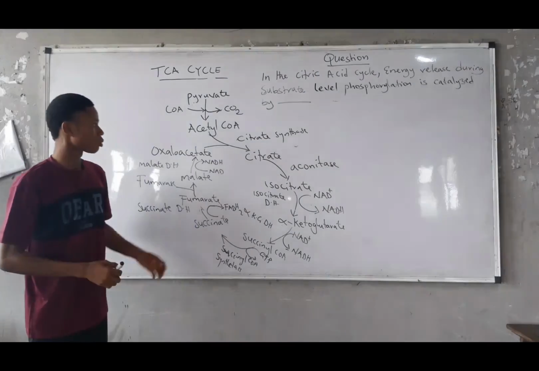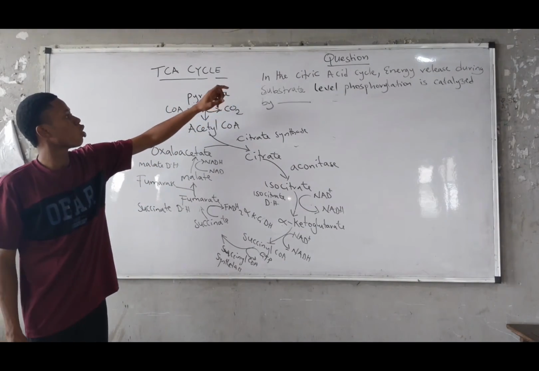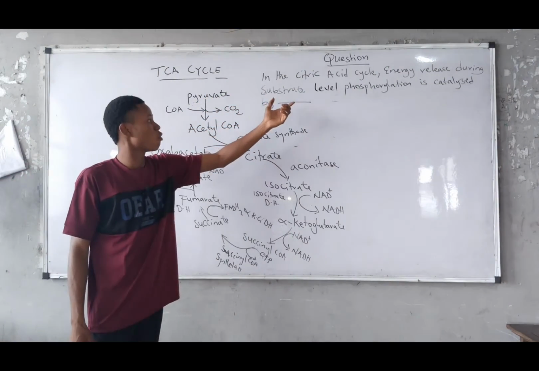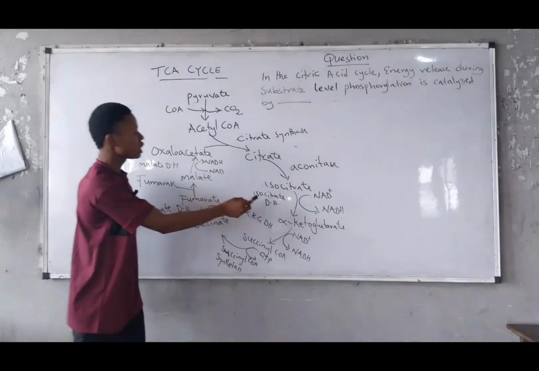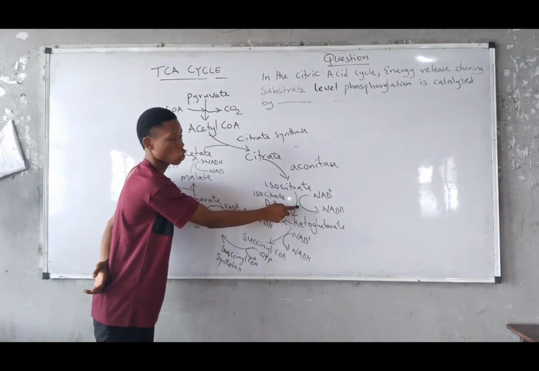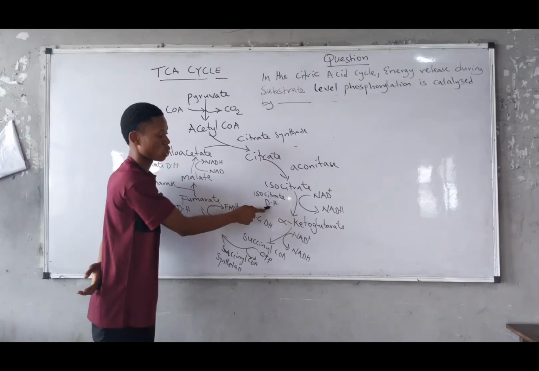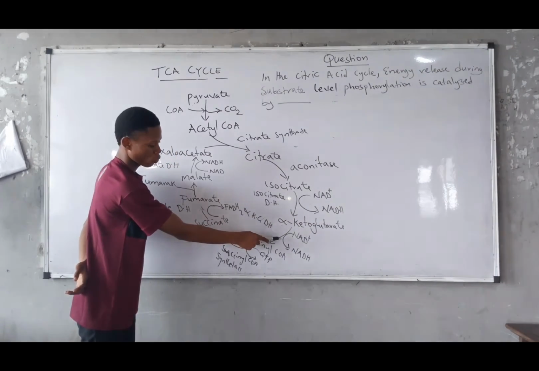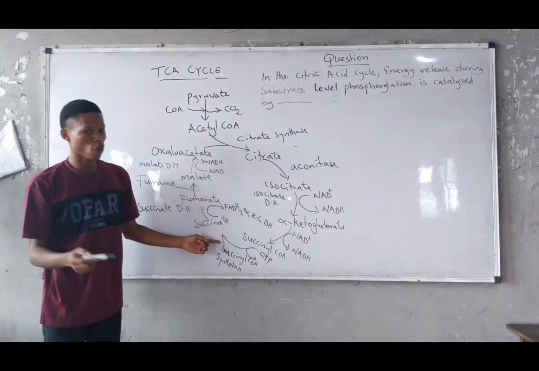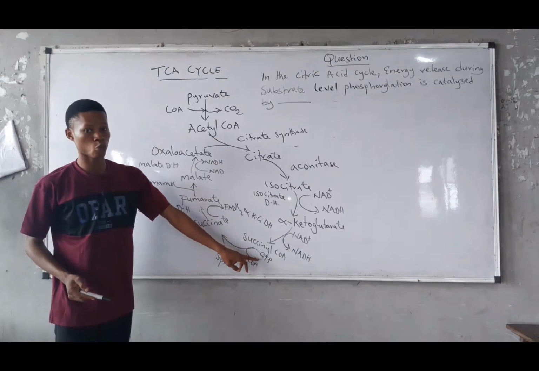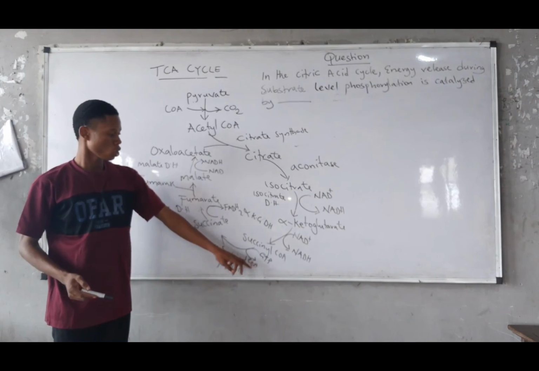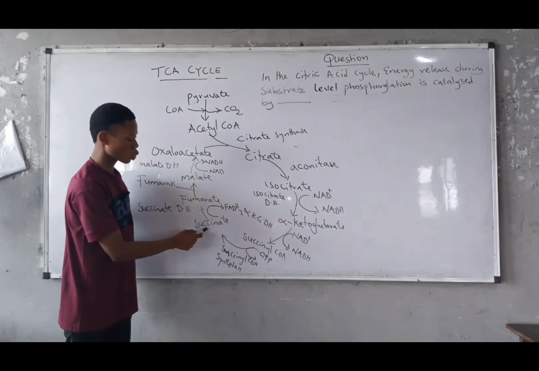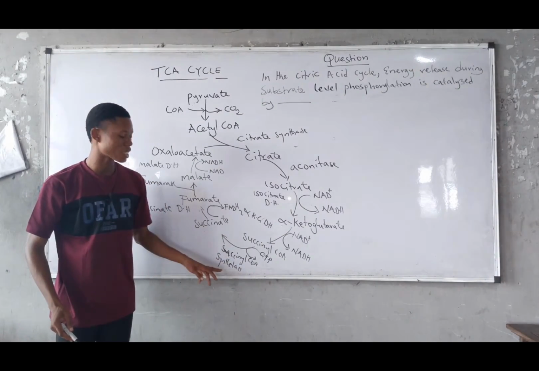Now this is what I mean. The question asks what enzyme catalyzes the reaction where substrate level phosphorylation releases energy. In this step here, this is not substrate level phosphorylation because the name of the enzyme is dehydrogenase. This is oxidative phosphorylation. This is also oxidative phosphorylation. The substrate level phosphorylation is seen where GTP, guanosine triphosphate, was produced. The enzyme catalyzing this reaction from succinyl-CoA to succinate is called succinyl-CoA synthetase.